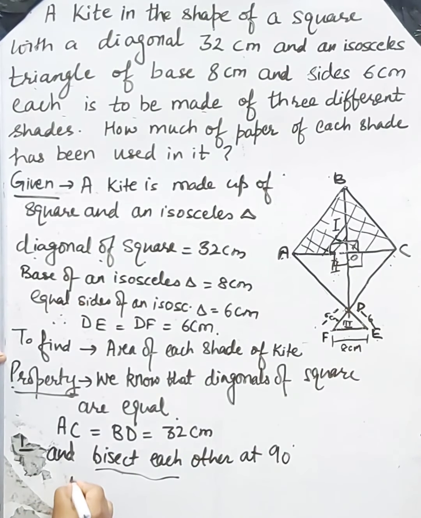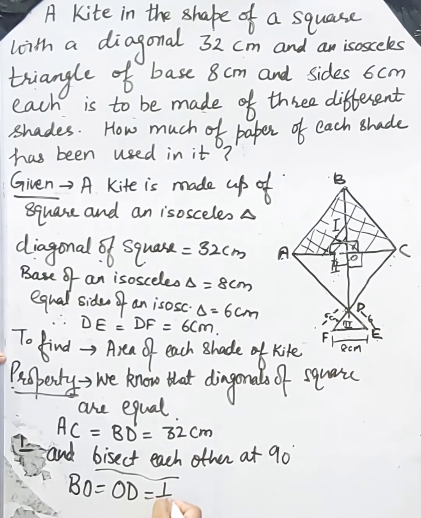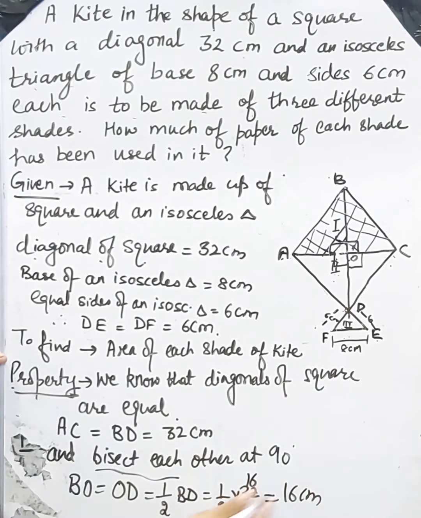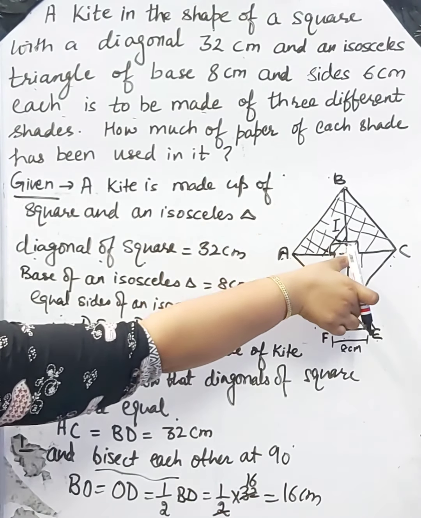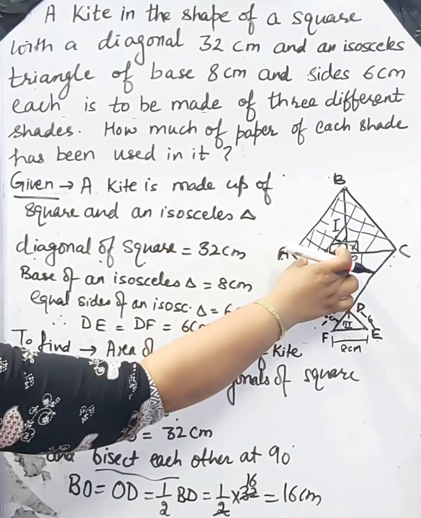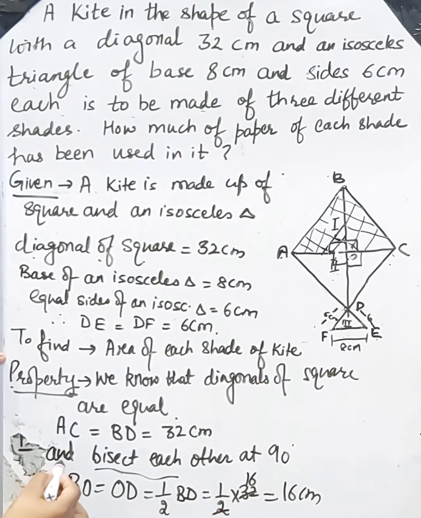Therefore, we can write BO equal to OD equal to half of BD. Half of BD is 32 centimeter. Therefore, BO equal to OD equal to 16 centimeter. Similarly, AO equal to OC equal to 16 centimeter.